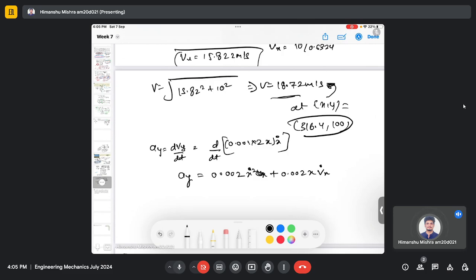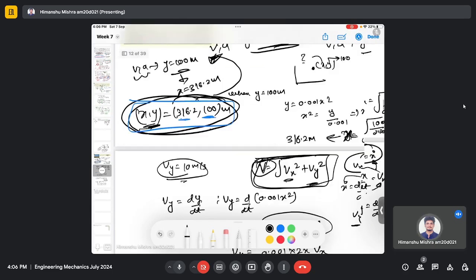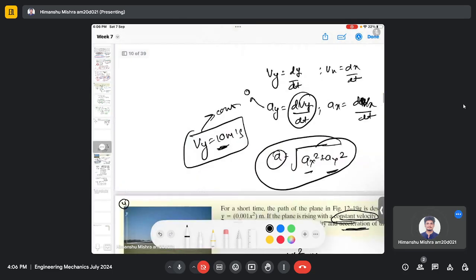Ay is 0, so basically 0 equals 0.002 Vx square plus 0.002 x Ax. So V dot x is Ax, that we have already discussed here.